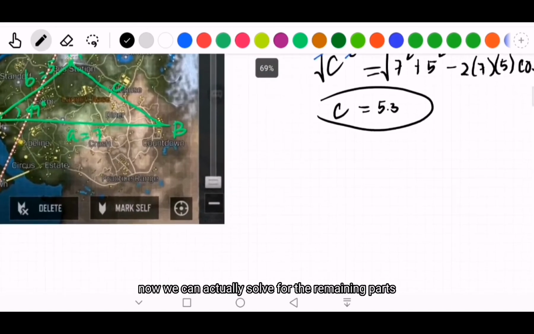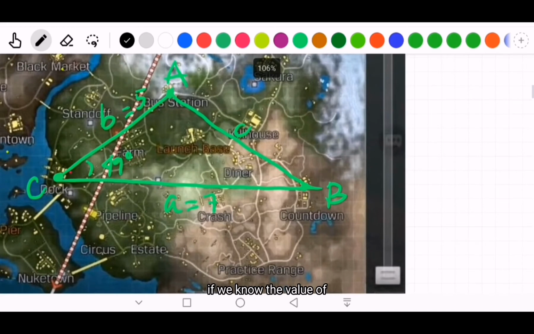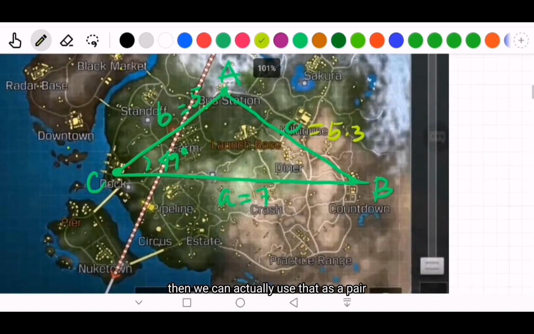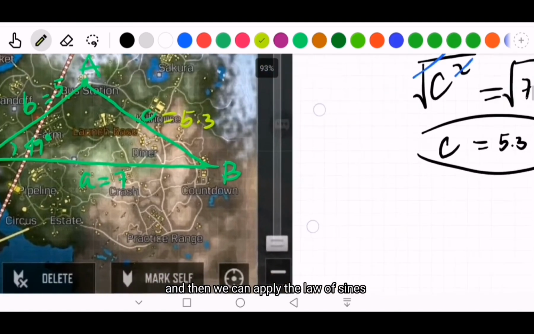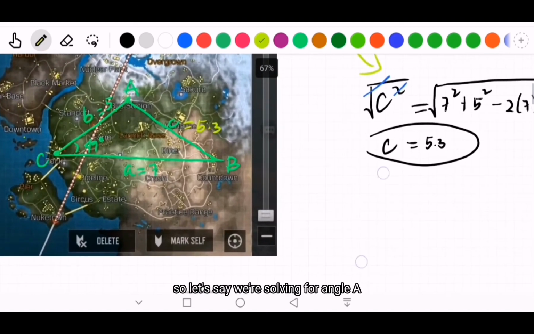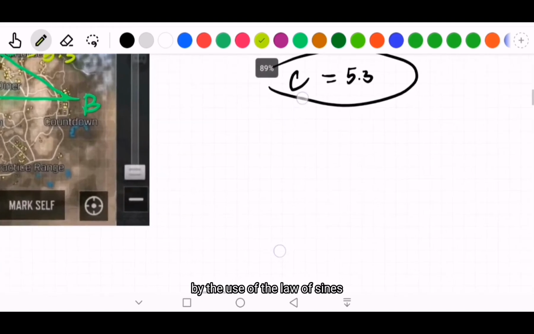Now we can actually solve for the remaining parts if we know the value of this pair of opposite sides and angle. Since we know that side C measures 5.3 units, we can use that as a pair, and then we can apply the law of sines to solve for the remaining parts. So let's say we're solving for angle A by the use of the law of sines.